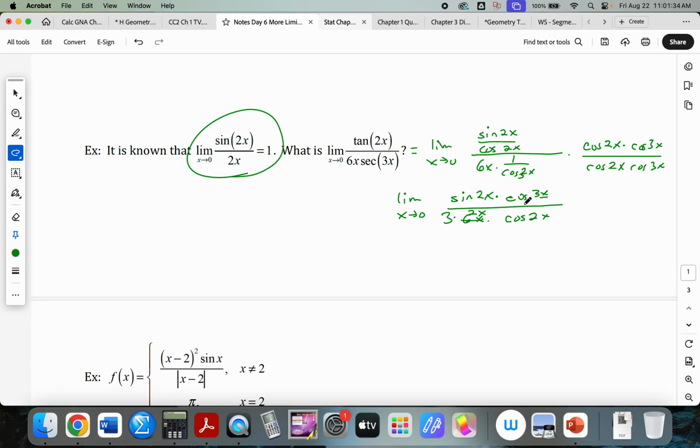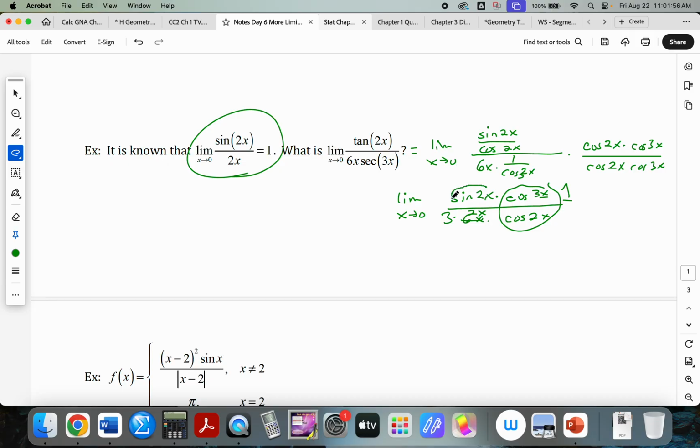As x goes to 0, what does cosine go towards? 1. Cosine of 0 is 1. That needs to be easily at your fingertips. So that goes to 1, this goes to 1, so this whole expression goes to 1.